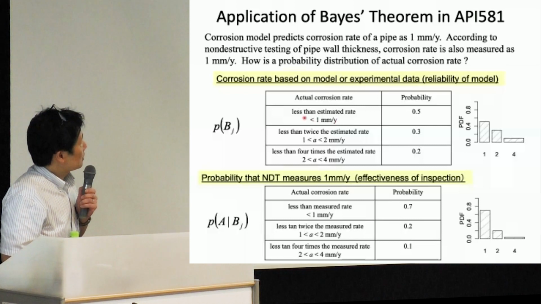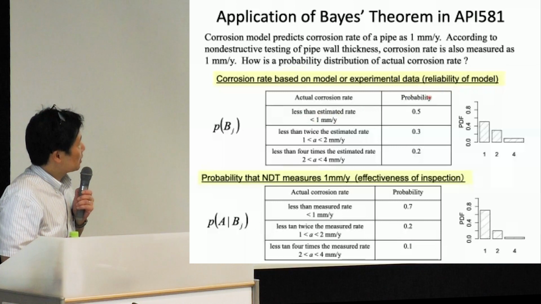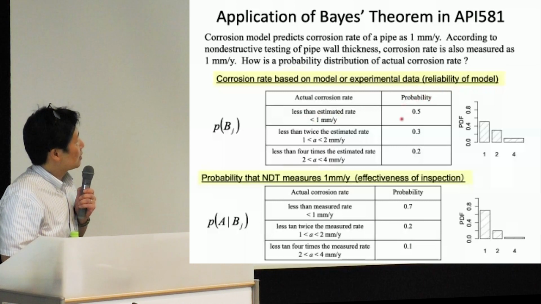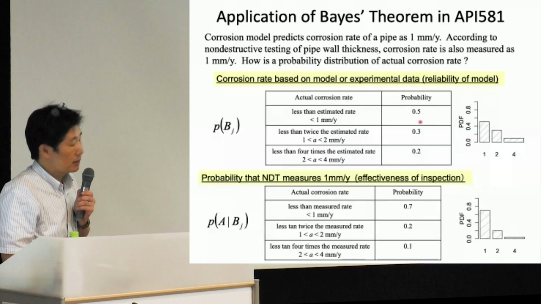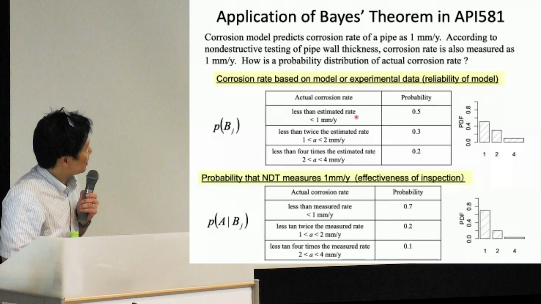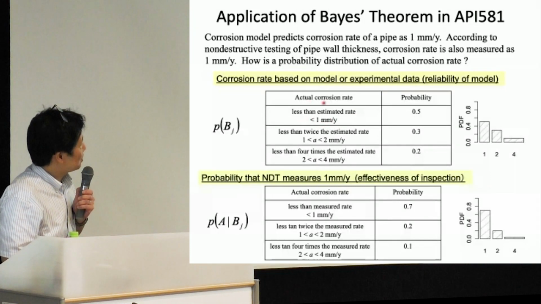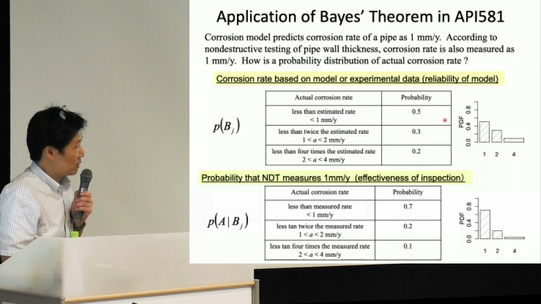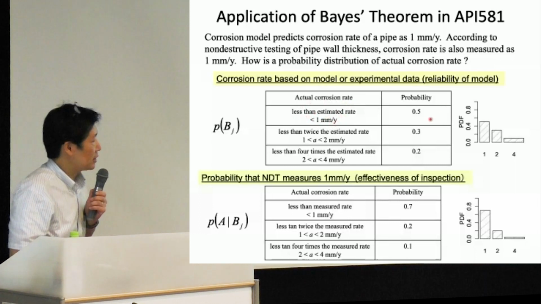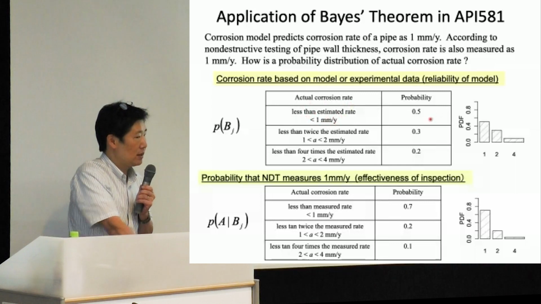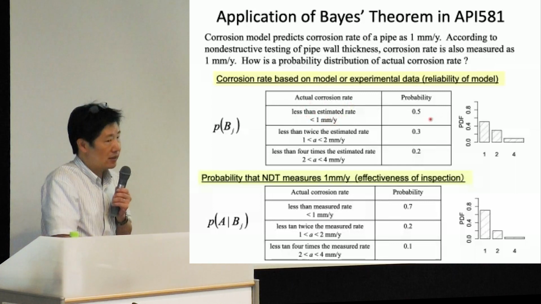Based on the reliability of the model, we set the probability of a correct answer to 0.5. But as you can see here, if the actual corrosion rate is less than the estimated rate of 1 millimeter per year, in this case it is acceptable. As far as the answer is conservative, we accept.